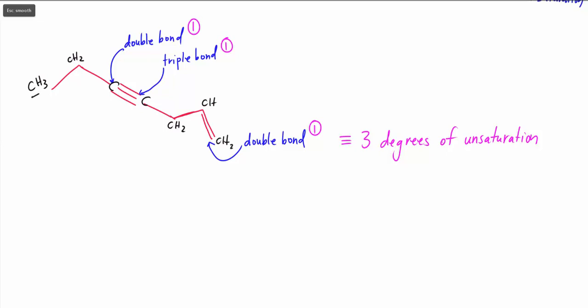So we have 1, 2, 3, 4, 5, 6, 7. We have 7 carbons. We have 10 hydrogens, if I counted that correctly. So this is our molecular formula.